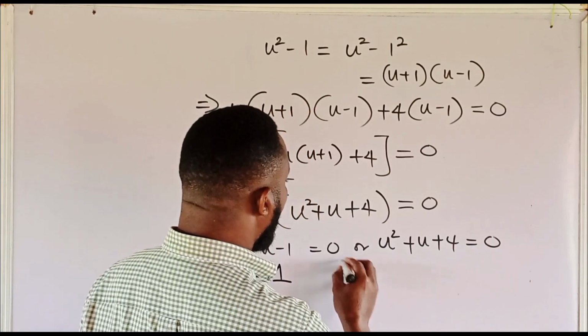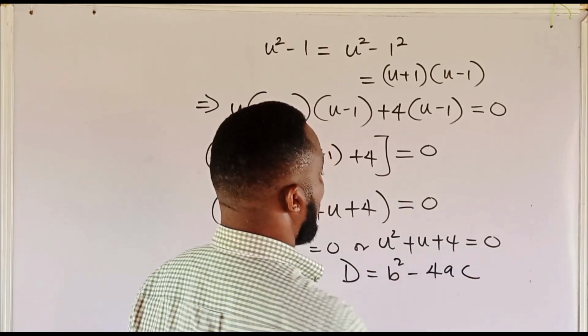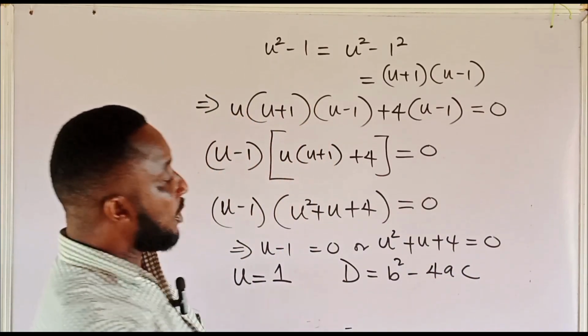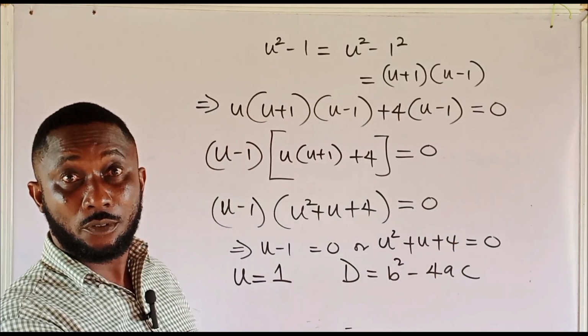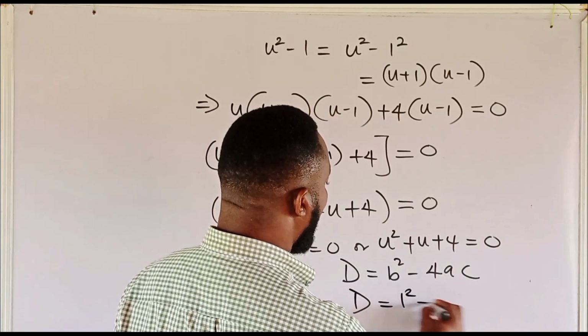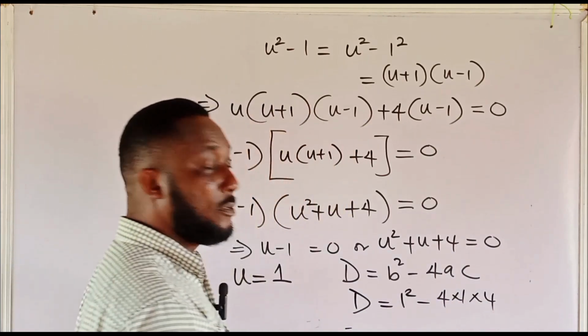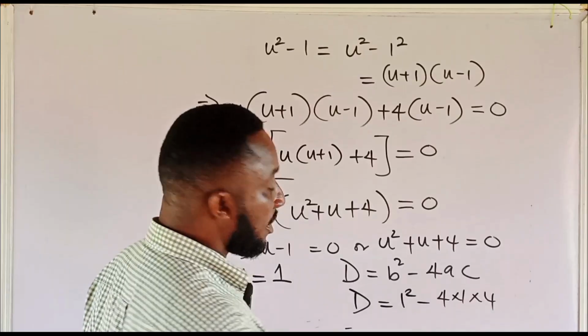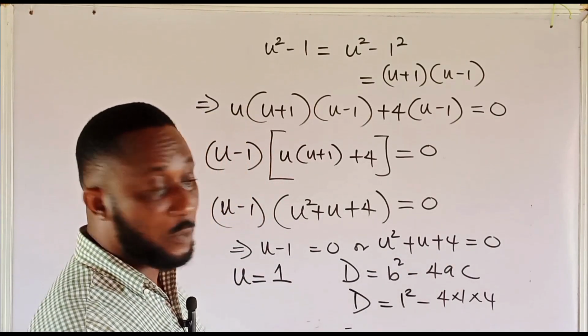We know that the discriminant D is b squared minus 4ac. And from these quadratics, a is 1, b is 1, and c is 4. So the discriminant will then be 1 squared minus 4 times 1 times 4. And I guess it's going to be negative, so this quadratic is going to generate complex roots.